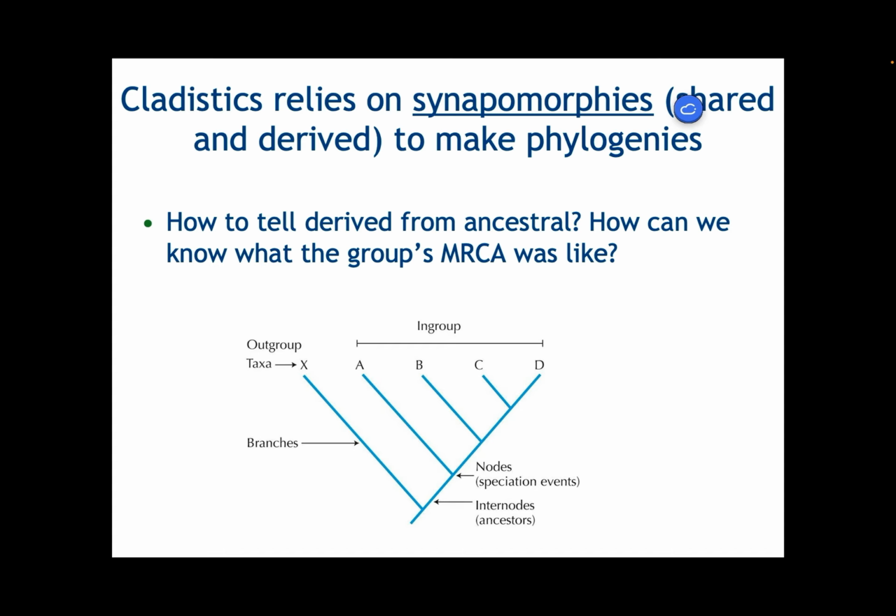So we want the outgroup to be distantly enough related to the in-group so that we're confident that the outgroup has to have branched off from all of these in-group taxa farther back in evolutionary time than, say, A, B, C, D began branching off from each other. So the outgroup is equally closely related to everyone in the in-group. Or put another way, the outgroup is equally distantly related to everyone in the in-group. The outgroup can't be part of the in-group.